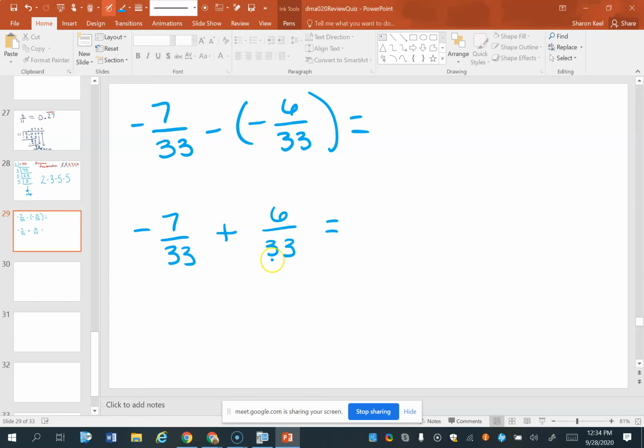And then since the denominators are the same, and we have different signs, we find the difference. The difference is 1, and the absolute value of the negative is larger, so it will be a negative 1 over 33.